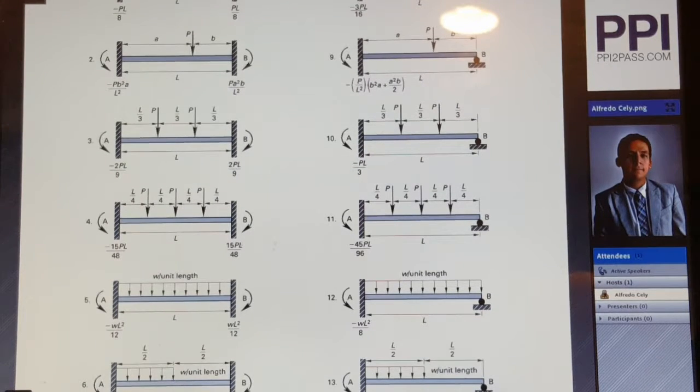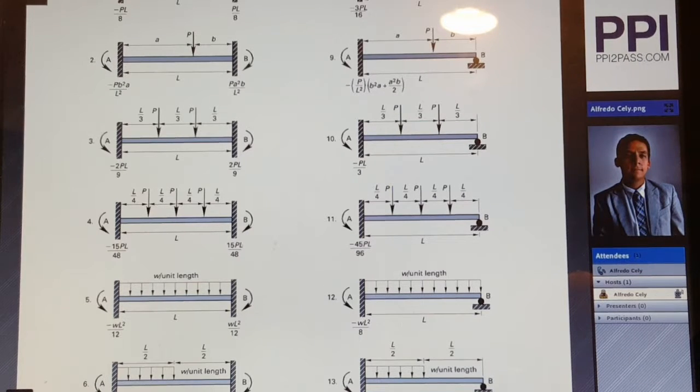So for example, if you're being requested to find what is the fixed end moment at either A or B, right?